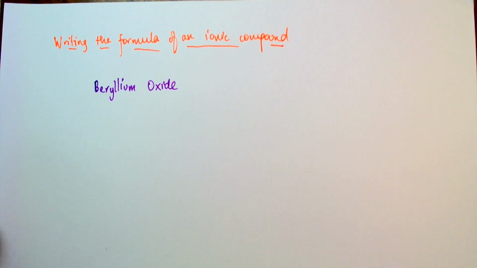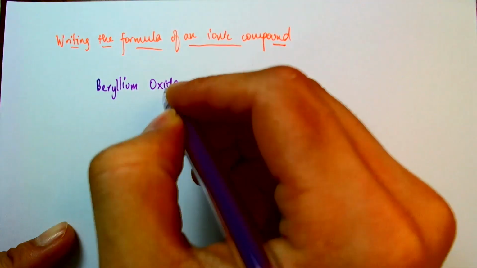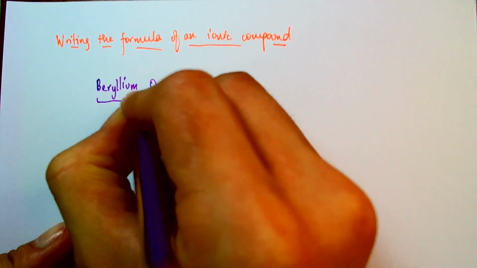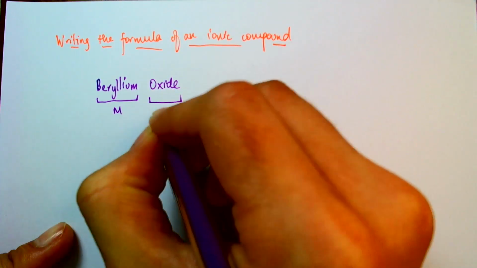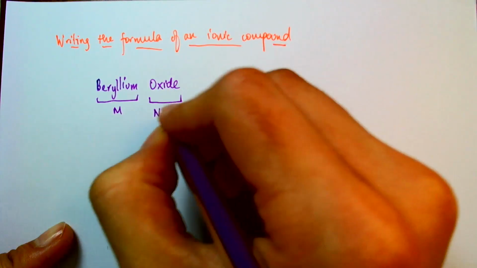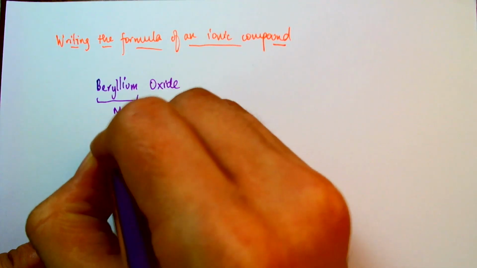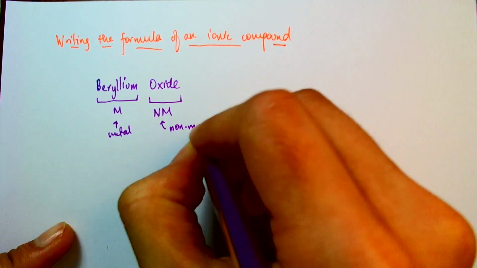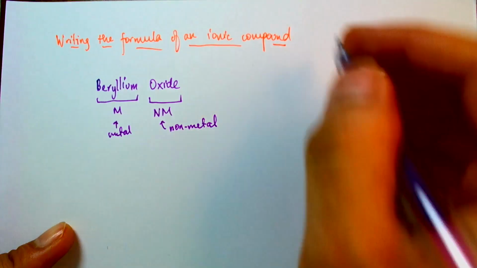So I'm going to start by looking for beryllium and oxygen in the periodic table. Whenever you see the second guy here, this first guy is the metal, and this second guy is the non-metal. I'm just going to use M for metal, and NM for non-metal.